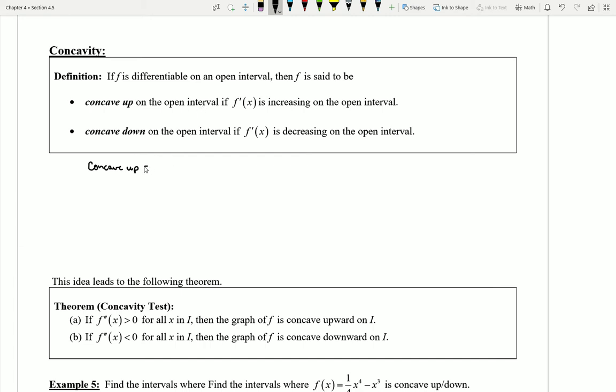So we know here that concave up means that I should have increasing slopes. My slopes should be increasing. They should be getting bigger and bigger and bigger slopes. So let's imagine, for the sake of argument, that I draw the slopes of my tangent lines, and they have to keep getting bigger. Okay? So like maybe I start with a slope that looks something like this.